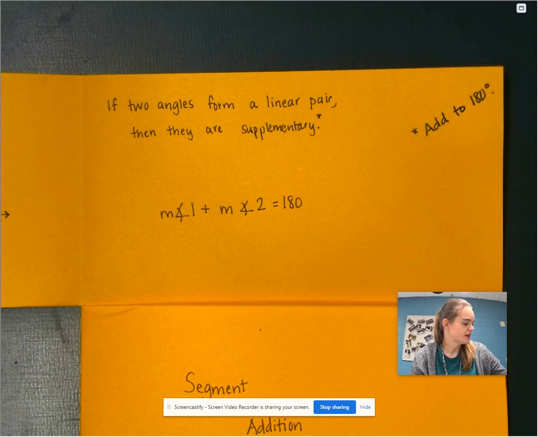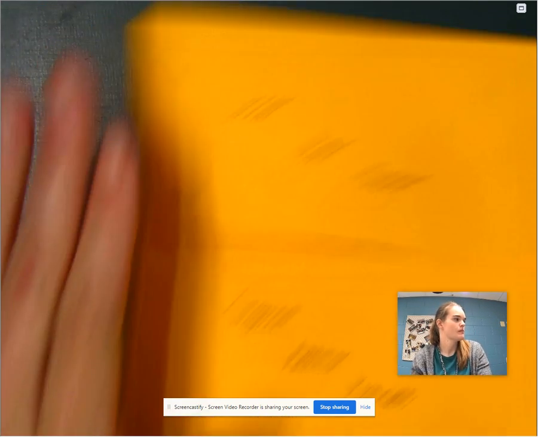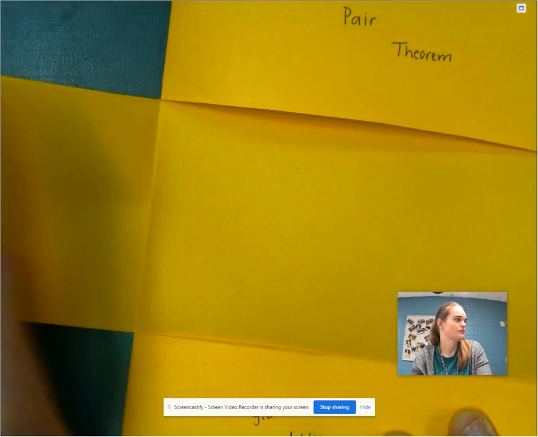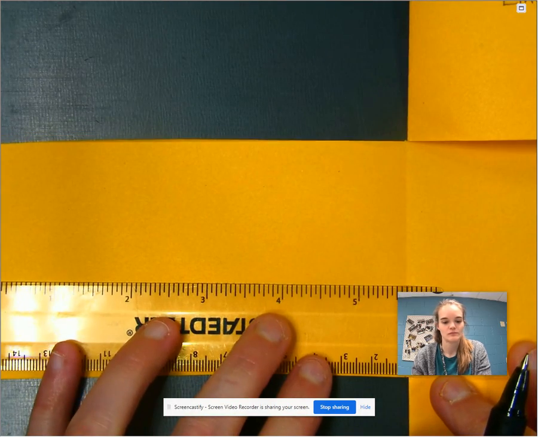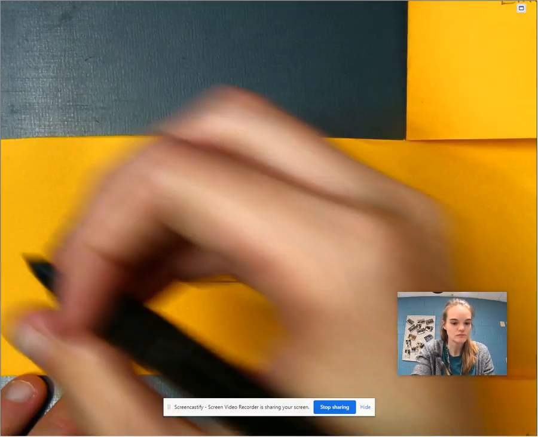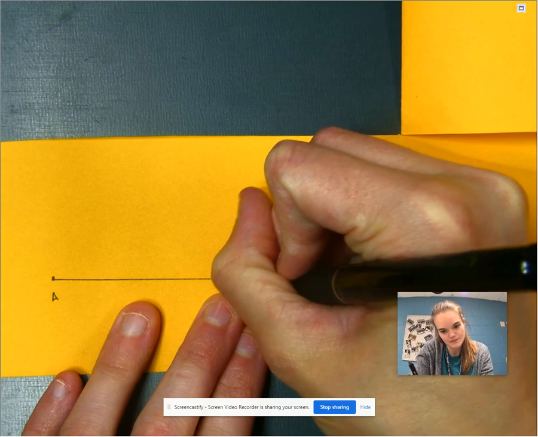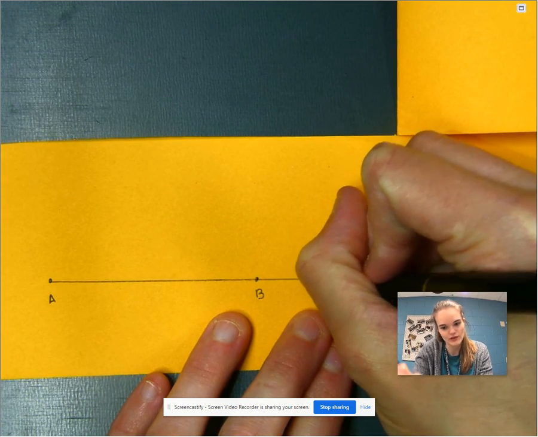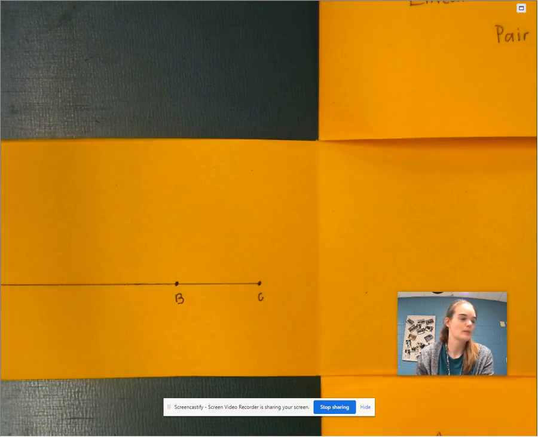Okay. Next, let's talk about the segment addition postulate. So close this one. Open up segment addition postulate. We're going to draw a picture. We're going to put some points A, B, and C. So draw a segment and put A, B, and C. Scoot your paper over.